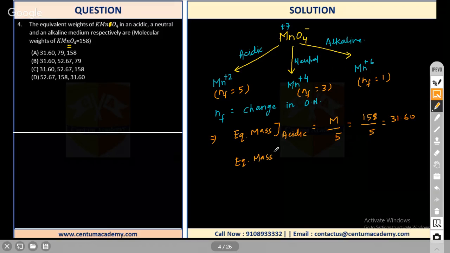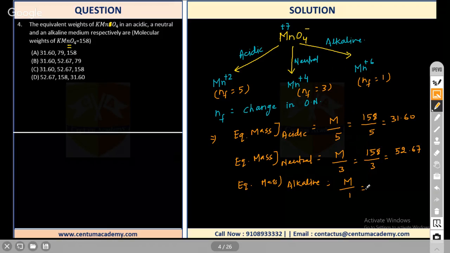Okay, equivalent mass in neutral medium will be molecular mass by N factor, which is 3. So 158 by 3, 52.67. Equivalent mass in alkaline will be M divided by 1, which is nothing but 158.